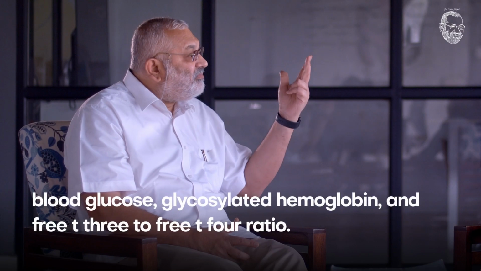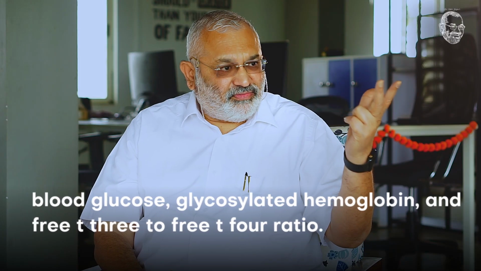A persistent high ratio of free T3 to free T4 indicates that diabetes is not properly controlled, just like the glycosylated hemoglobin. So if you take the 3 tests, blood glucose, glycosylated hemoglobin and free T3 to free T4 ratio, this is the most sensitive. Next comes glycosylated hemoglobin and last is the actual blood sugar.